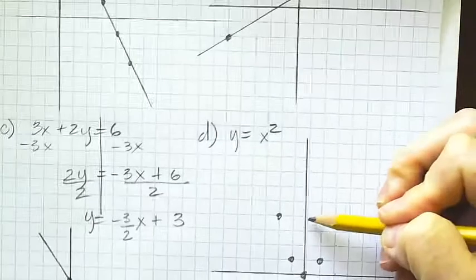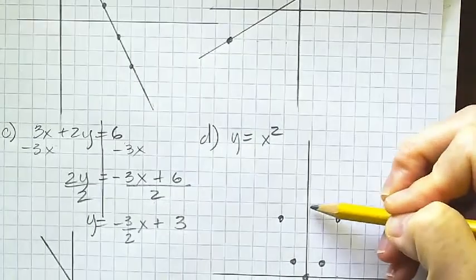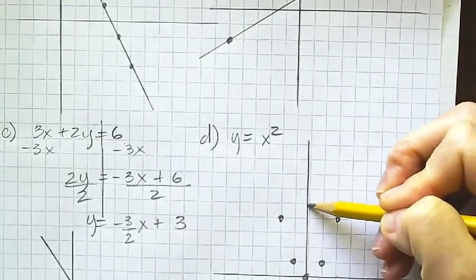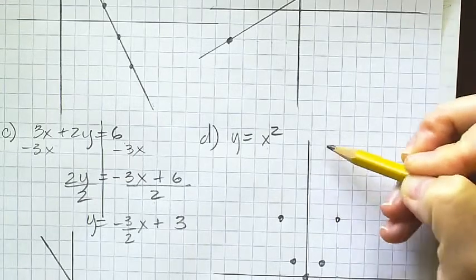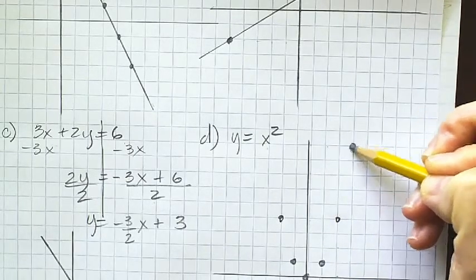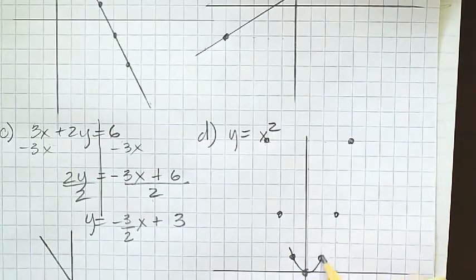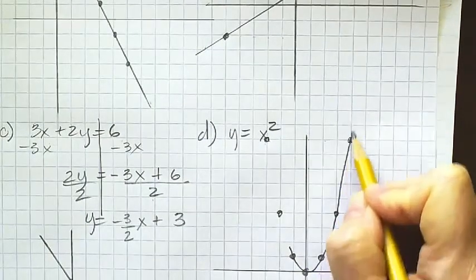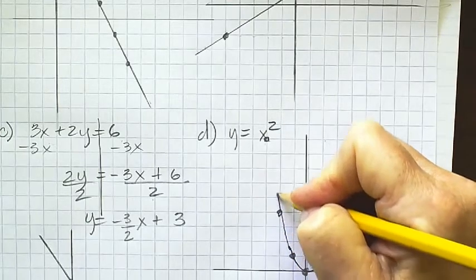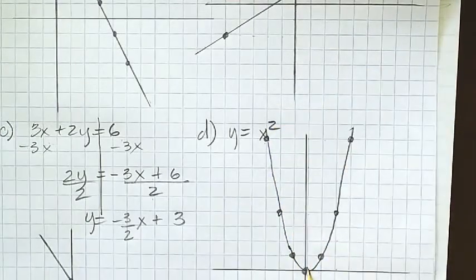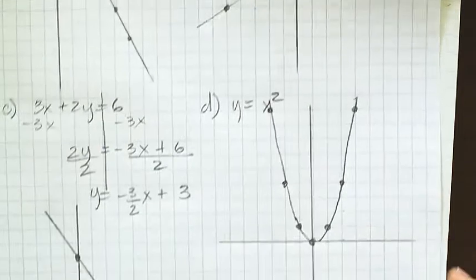And you could just come up here. I just do this 4, 5, 6, 7, 8, 9. And I know the value at positive 3 and negative 3 is 9. And that's plenty. Key points there would be a minimum of 0, 0, and showing that symmetry.